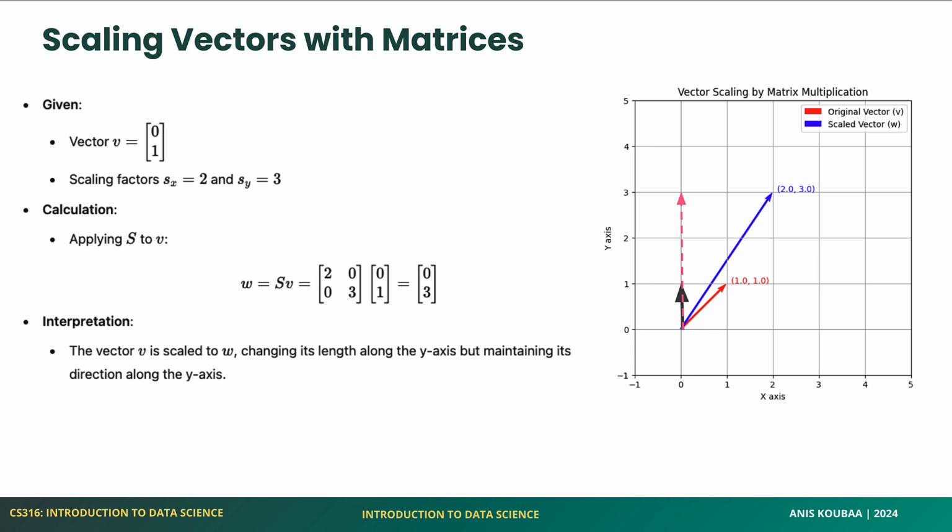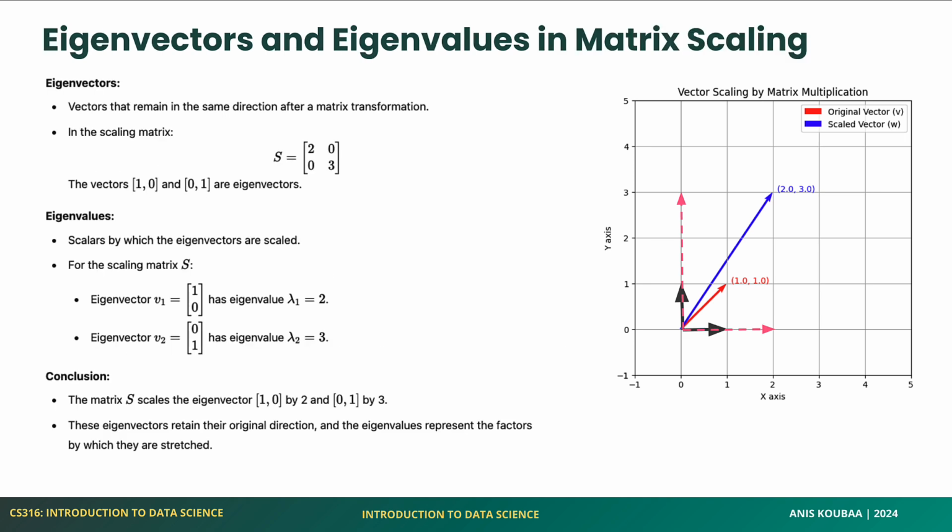They don't change orientation when we multiply them by the matrix. So this means that every matrix has special vectors and special values such that the multiplication of this vector by the matrix is just a multiplication of the vector by the value. And this has a consequence that it doesn't change orientation, like we have found out with this vector.